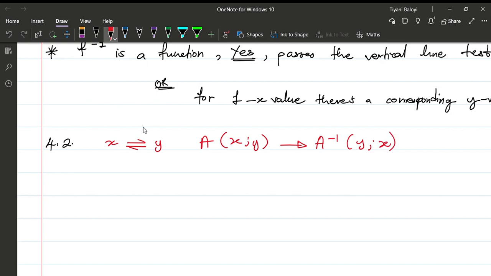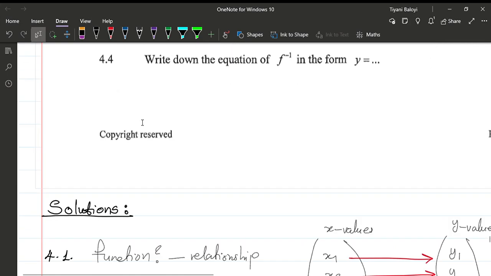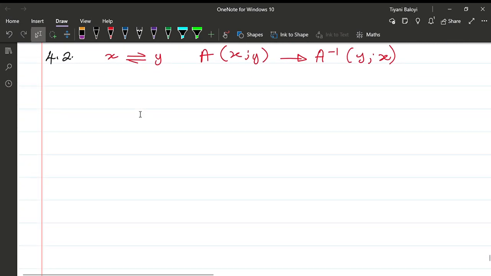So here they're saying R is a reflection of P in the line y is equal to x. What do we get? We interchange. Therefore, R will be minus 12, minus 6, because this is a reflection of P in the line y is equal to x, right?